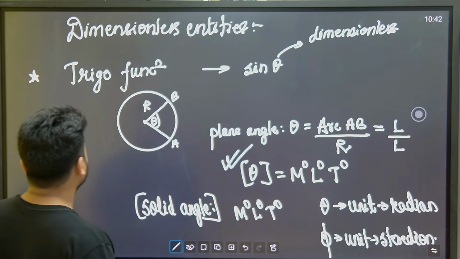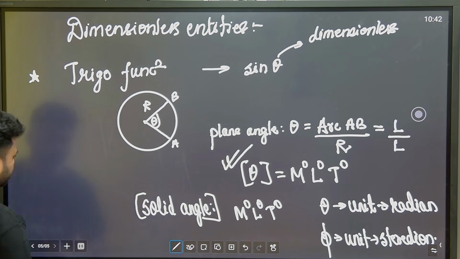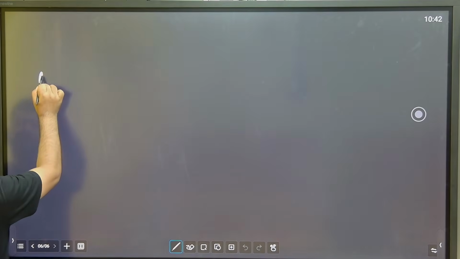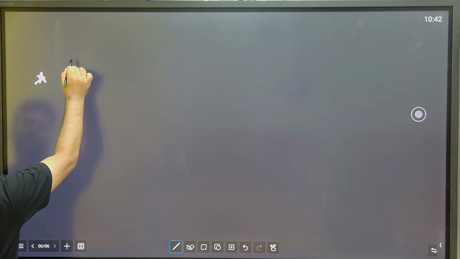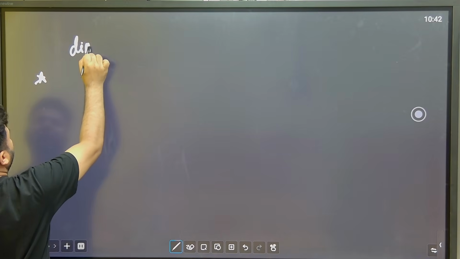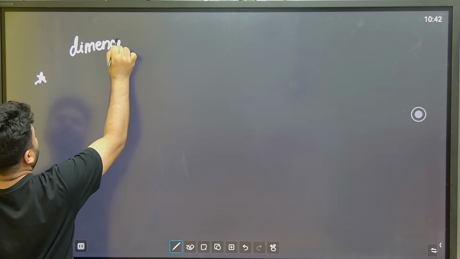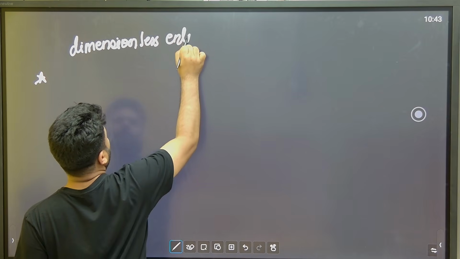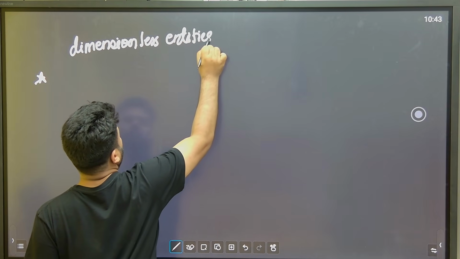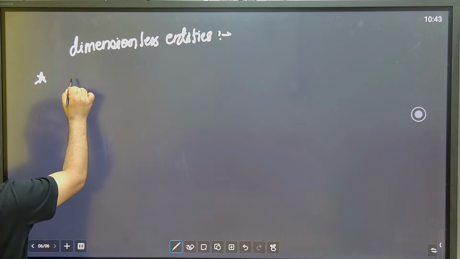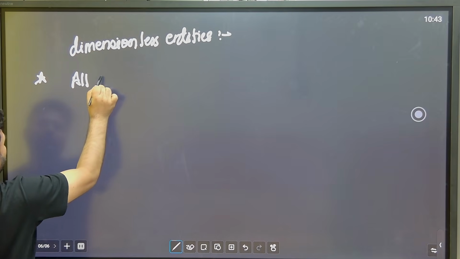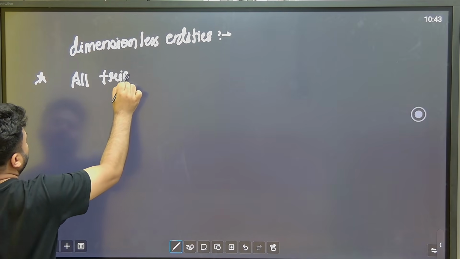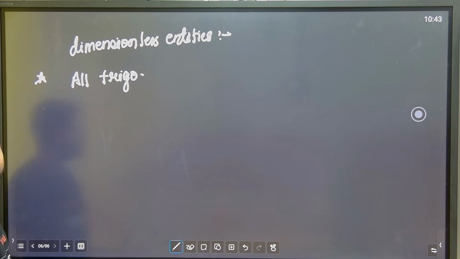So I was saying, which quantities are dimensionless? I was talking about dimensionless entities. What I told is that all trigonometric functions are dimensionless.